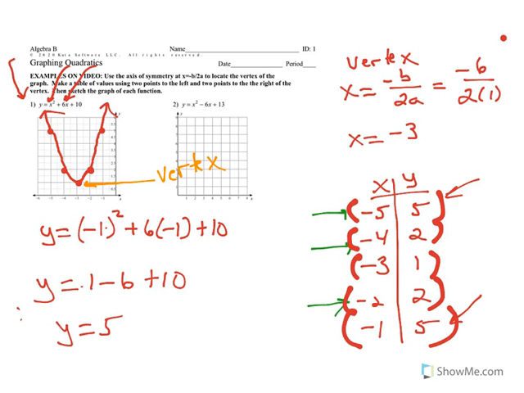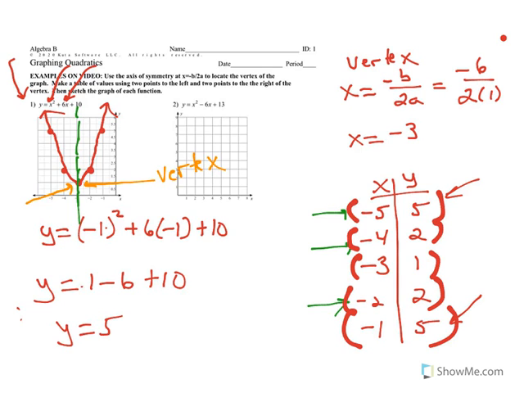IXL.com was also asking you for the minimum, so that's where the minimum is going to occur, at the vertex. That's the bottom of the graph. And then the axis of symmetry is that vertical line right here where you have that vertex. We called that the axis of symmetry.